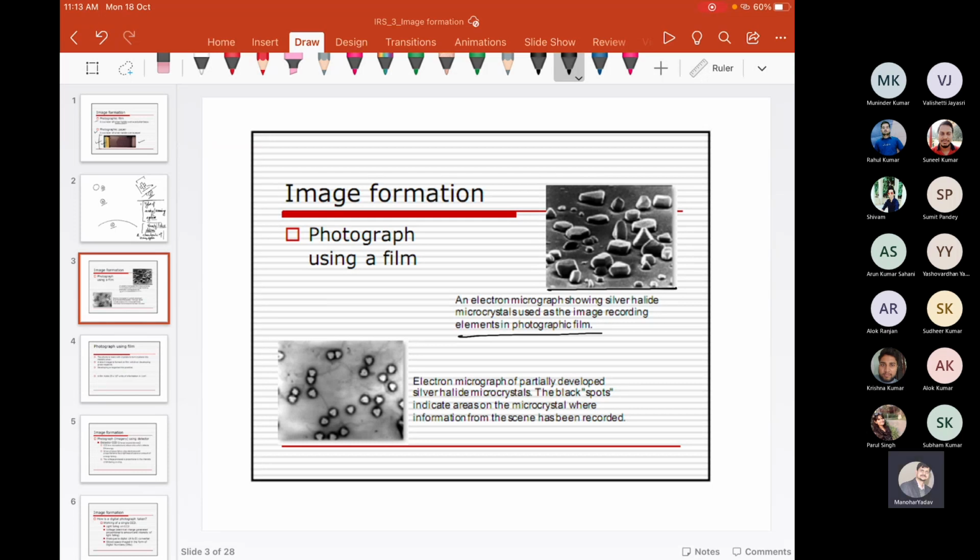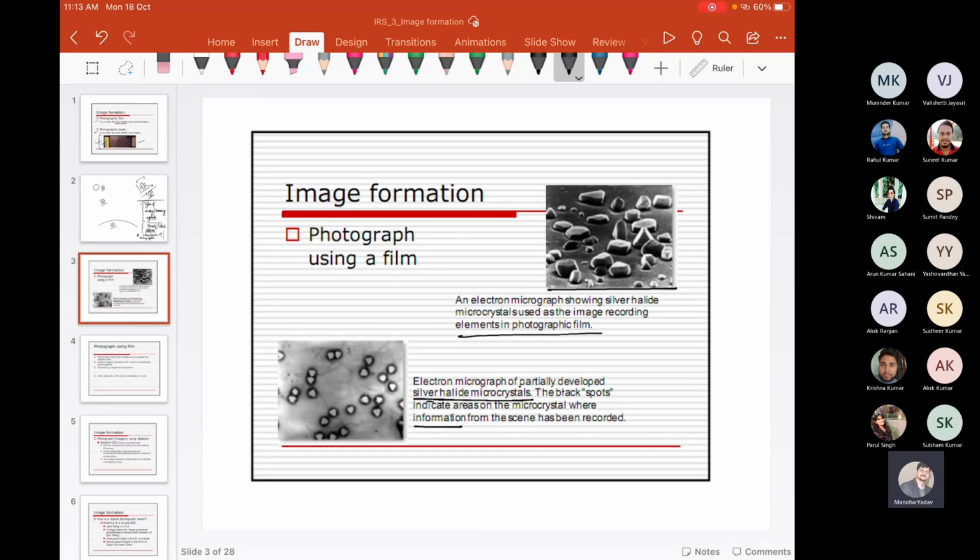What happens when the light falls over the photographic film that is comprised of silver halide? A chemical reaction takes place, and as you see in the second figure, it is an electron micrograph of partially developed silver halide microcrystals.